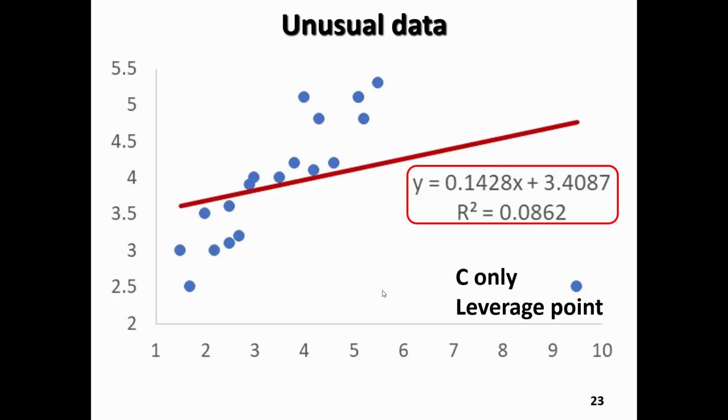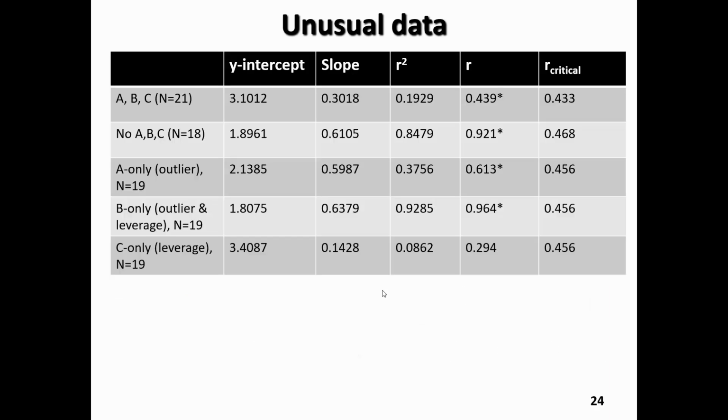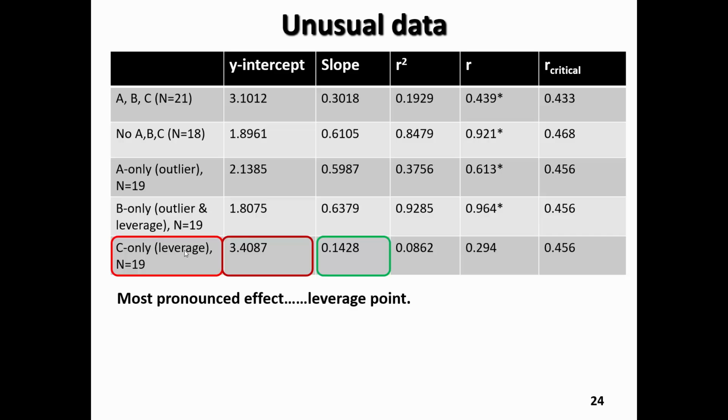So if we place all these on this one table to summarize the different statistics generated depending upon what data are included, what we clearly see is that when we only included the leverage point, it had the most pronounced effect.